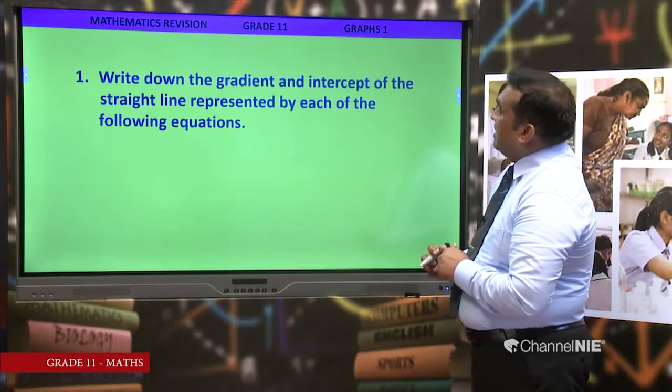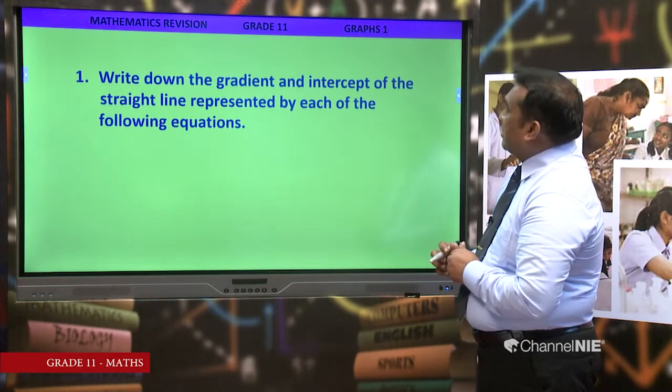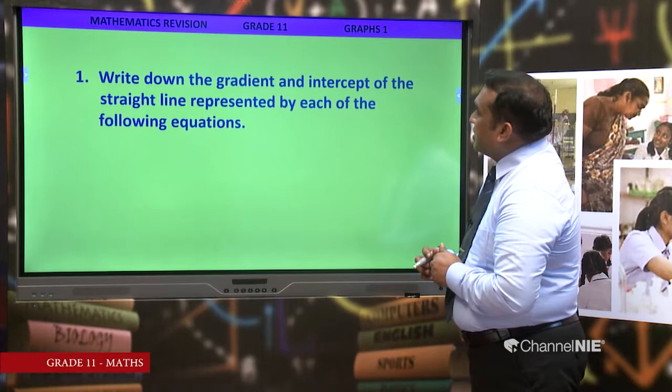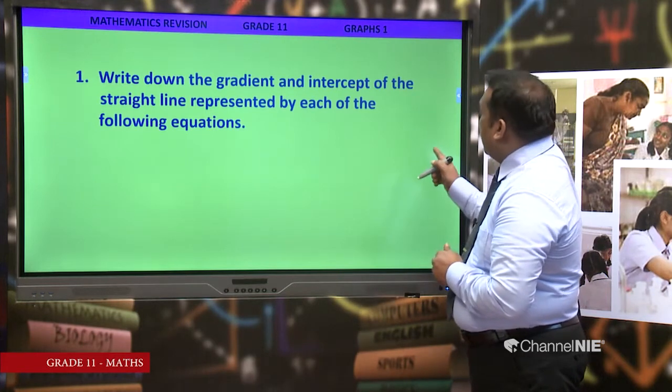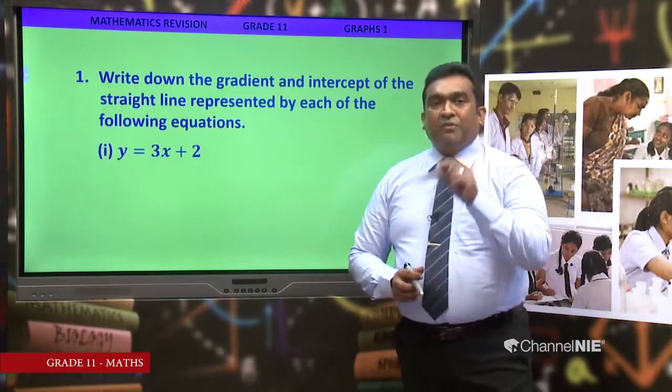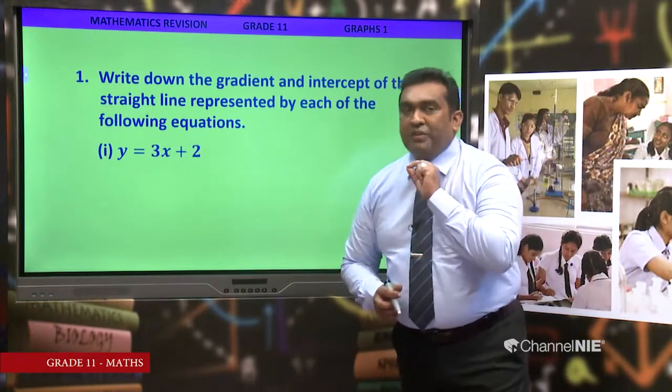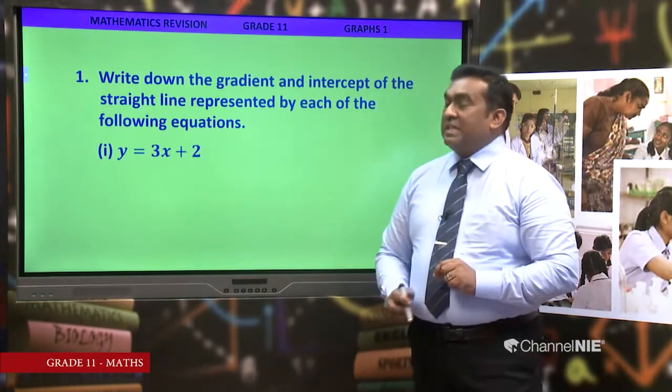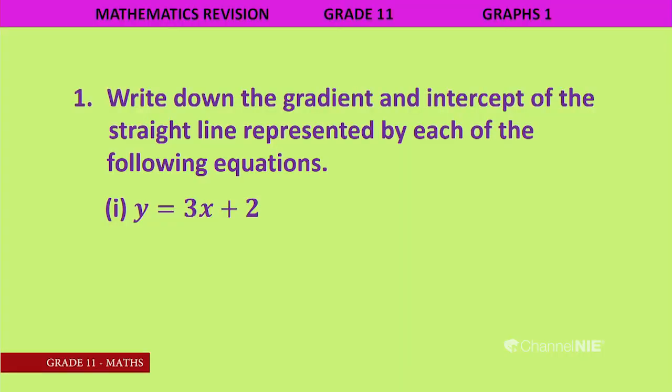Now, write down the gradient and intercept of the straight line represented by each of the following equations. There are two ways of finding the gradient of a straight line. The first one is using an equation. The second one is using the graph. Here, how to find the gradient?